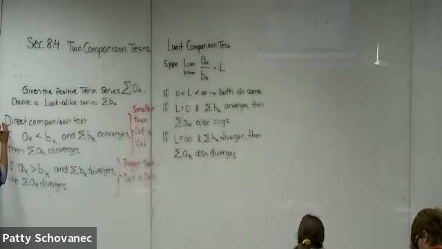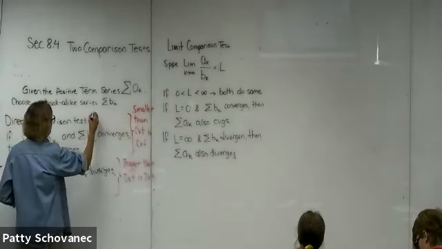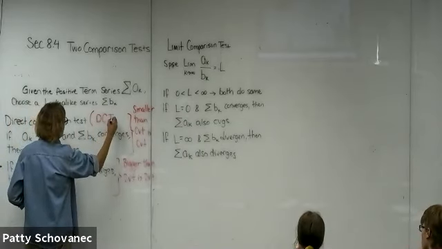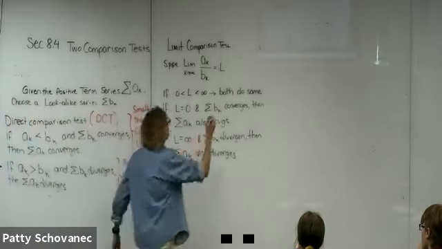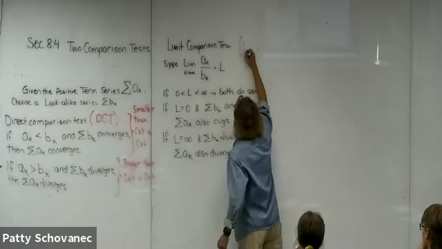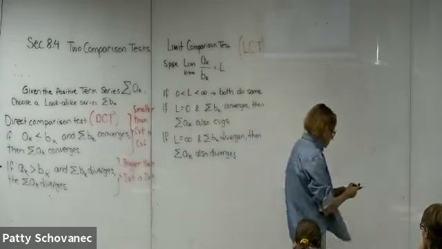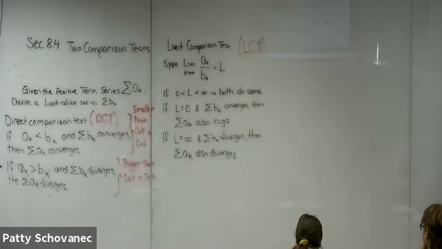This was the direct comparison test, and this one is the limit comparison test. And for both of these, we use the same approach: throw away the insignificant terms.